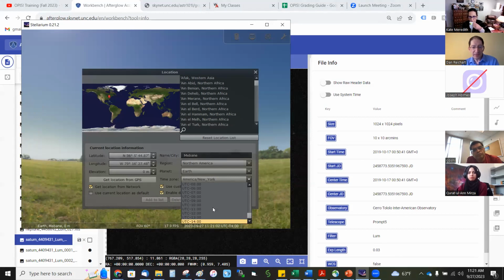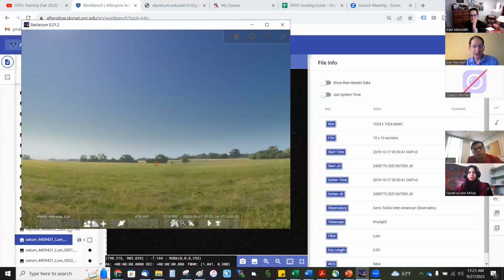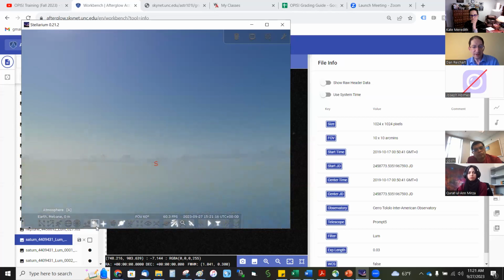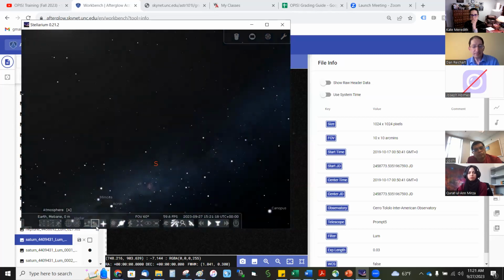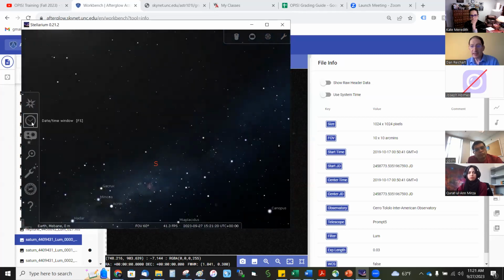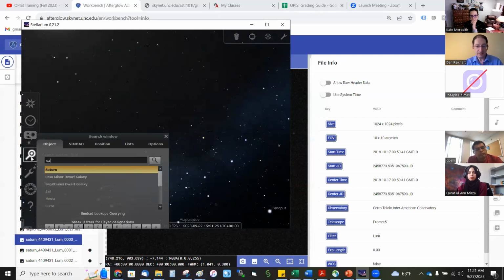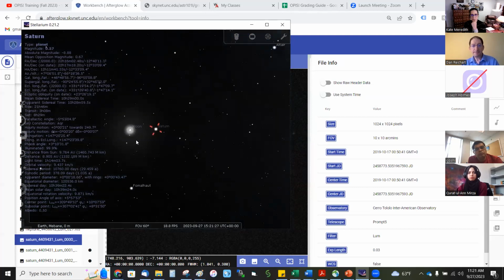If they use their time zone, it'll be off by a couple hours, and the moons will be kind of in the right place, but a little bit off. It's best if you go universal time, turn off daylight savings time. You don't even have to set the location because we can turn off the ground, turn off the atmosphere. And let's see here. This is Saturn. So I'm going to go to Saturn.